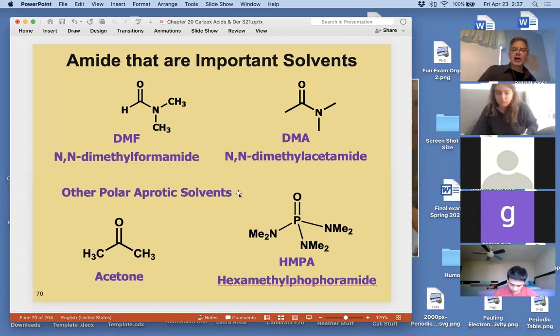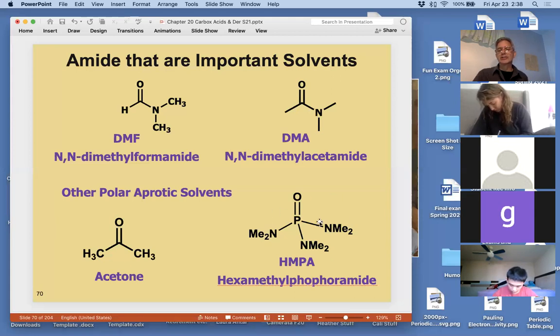Other dipolar aprotic solvents, just to review, acetone. I don't know if you guys remember the Finkelstein reaction, reacting alkyl chloride with sodium iodide in acetone. And the grandfather of all dipolar aprotic solvents is hexamethylphosphoramide, HMPA.